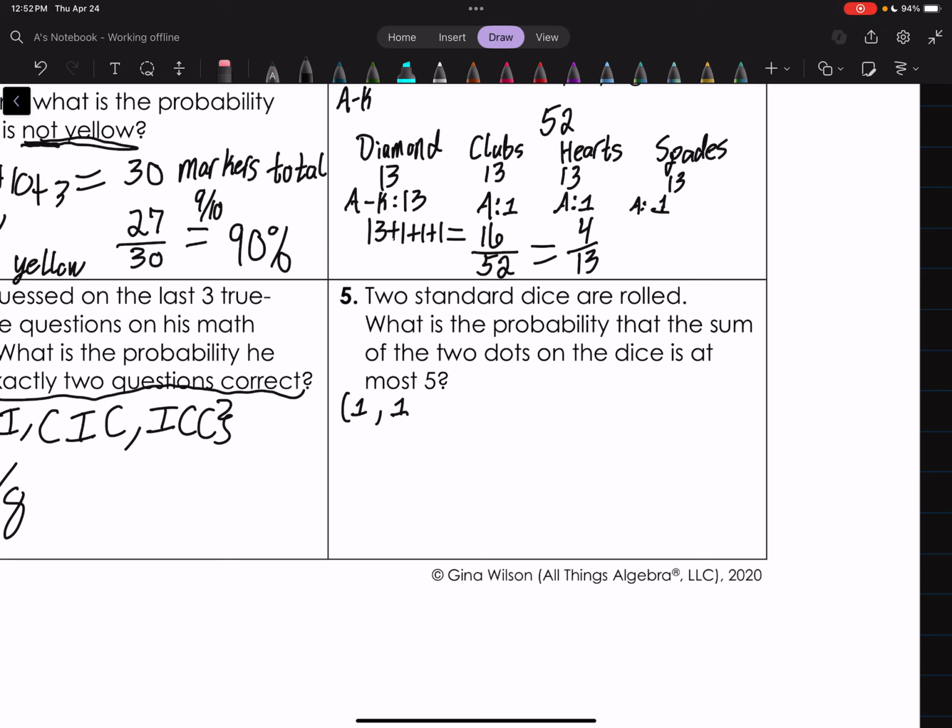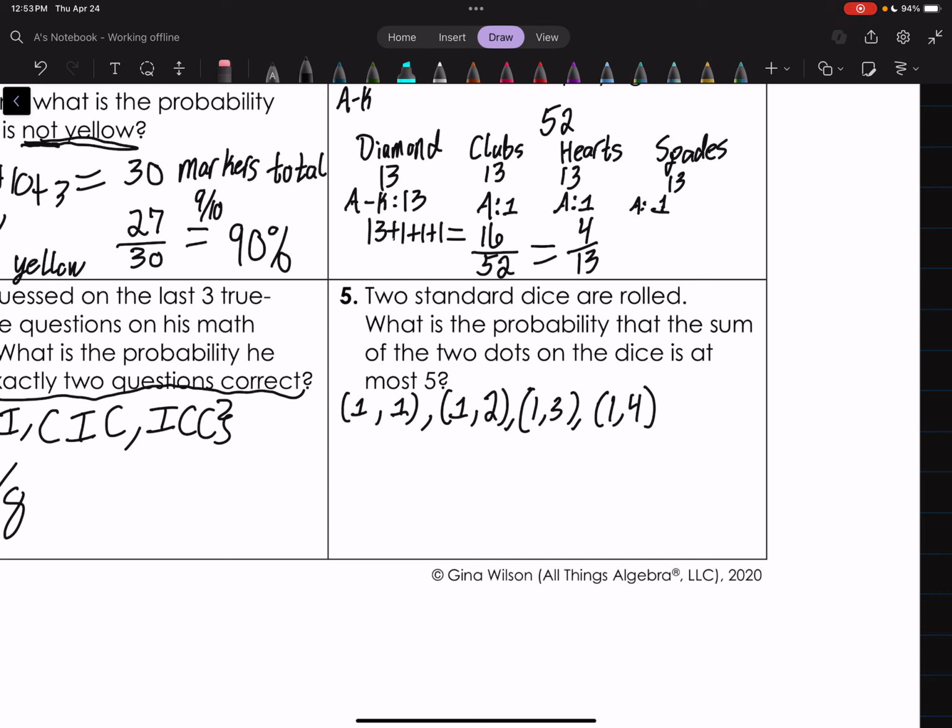That sum is 2. Or I can roll a 1 on the first one, then roll a 2. That'd be a sum of 3, a sum of 4, and then a sum of 5.